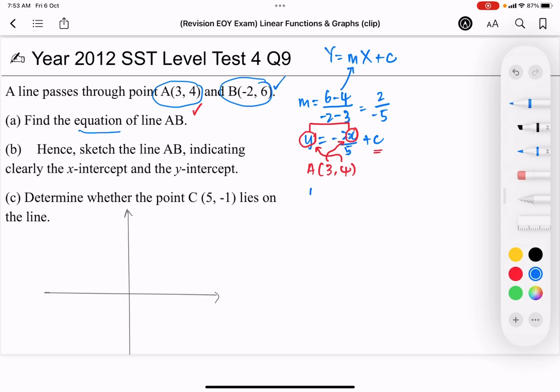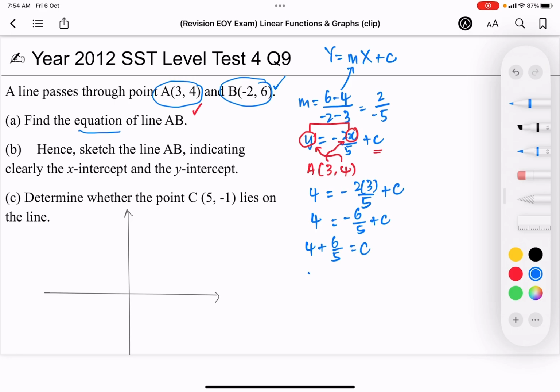We will have 4 equals negative 2 times 3 out of 5 and then plus c. So here we have 4 equals negative 6 out of 5 plus c, and let's move the constants to the left hand side by adding 6 out of 5 to both sides.